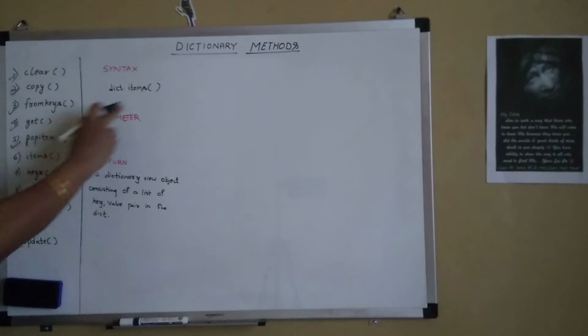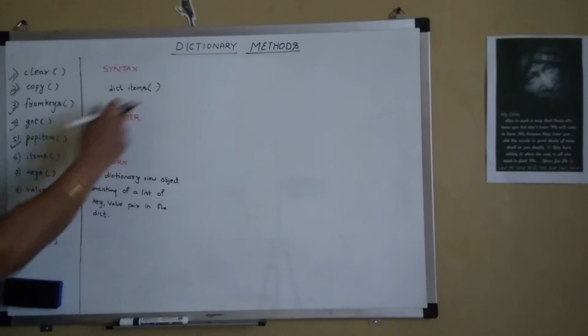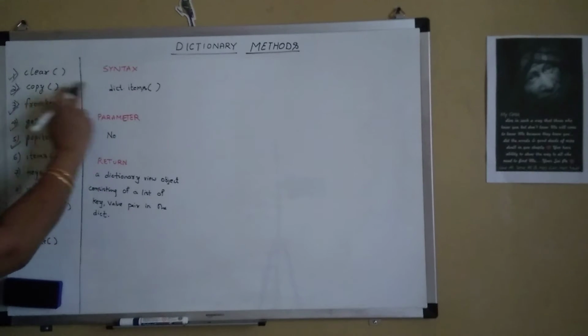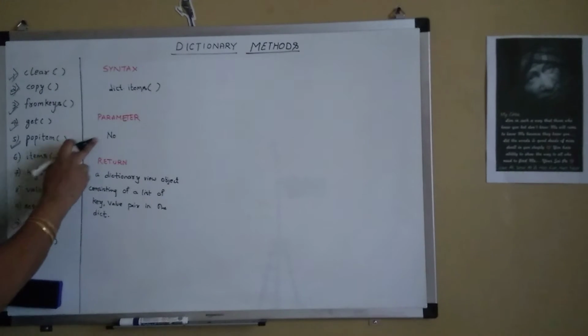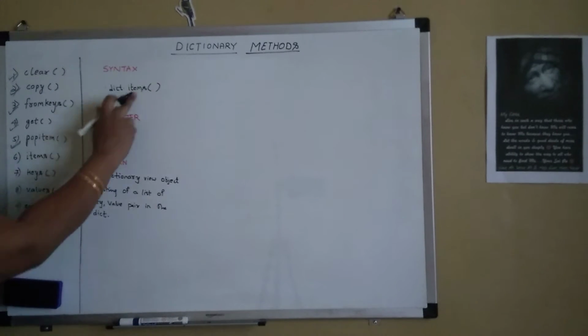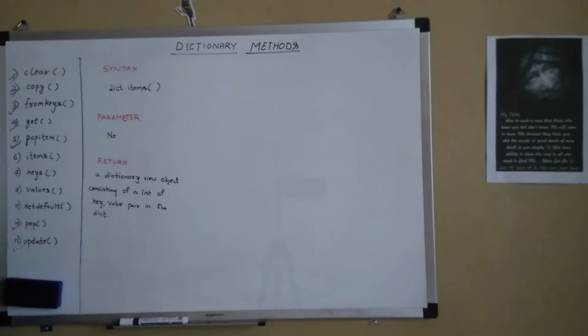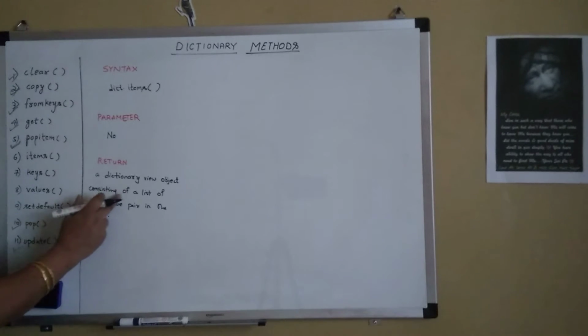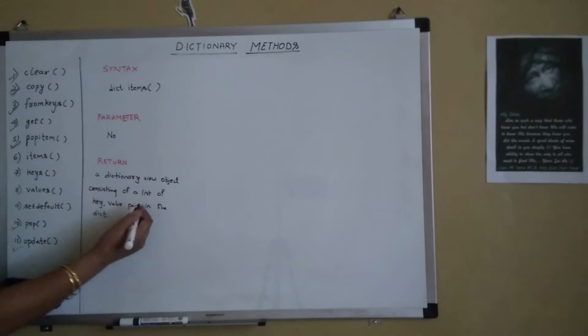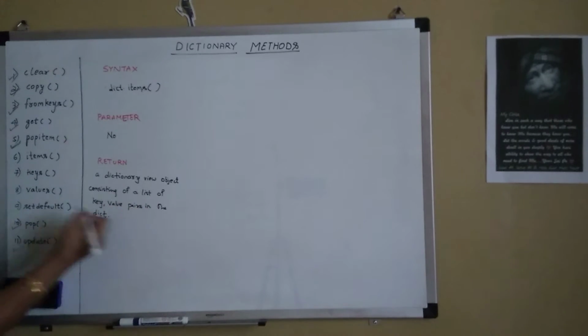So basically dict.items gives the key and value pair of the items present in the dictionary. No parameters are passed to this particular items method. It returns a view object consisting of a list of key value pairs in the dictionary.